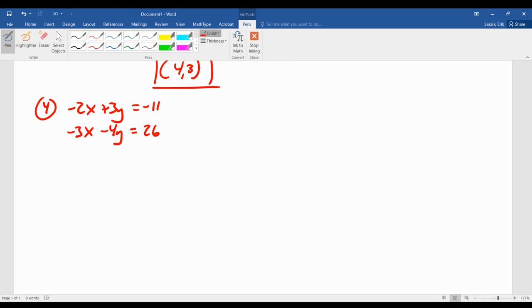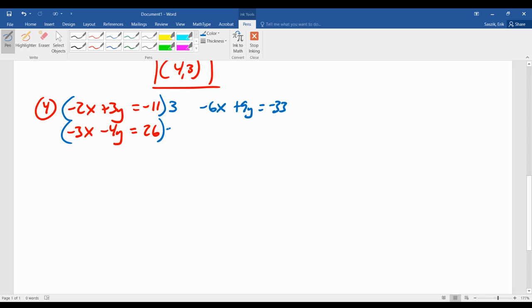So we want to get this up. If I multiply this top one by 3, let's match up the x's, that's going to be negative 6x plus 9y equals negative 33. If I want to get this to 6, remember, I want to get this to actually positive 6. That way it would be opposite of this.